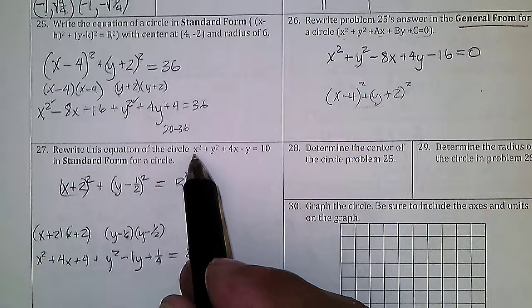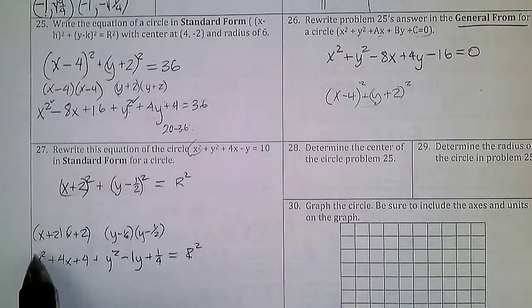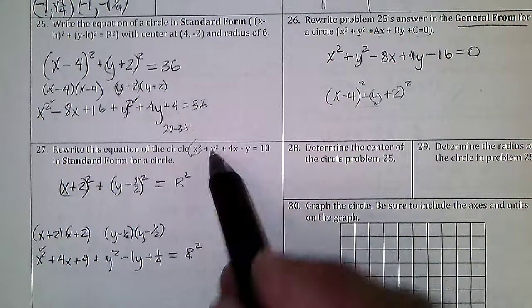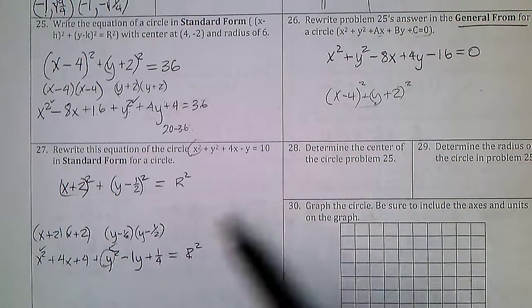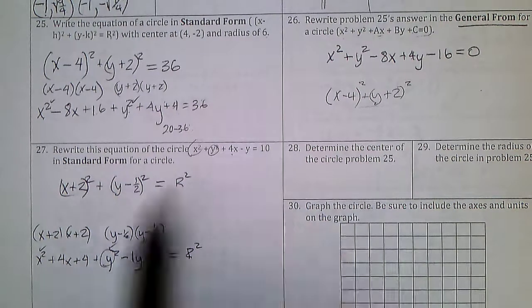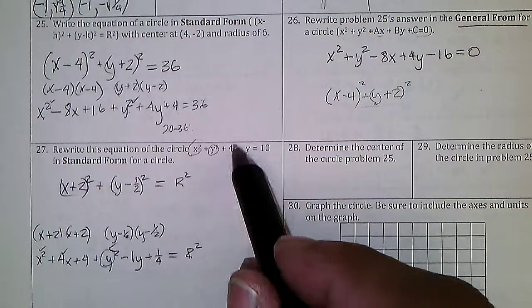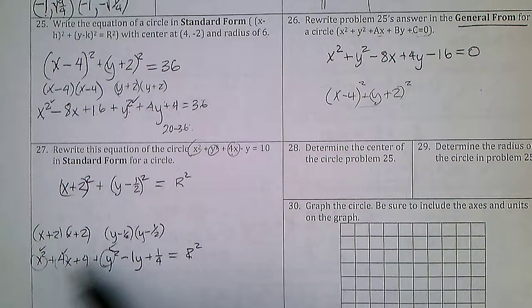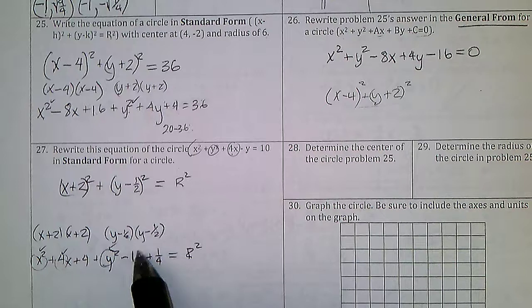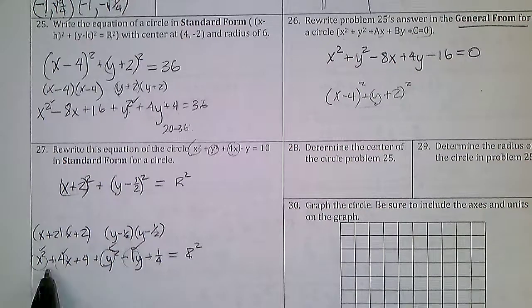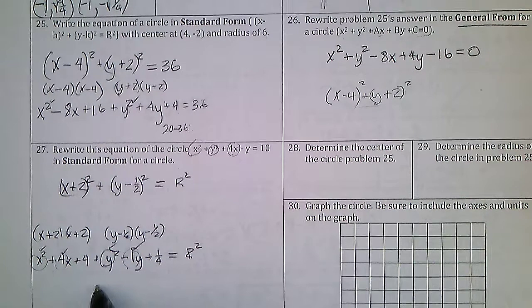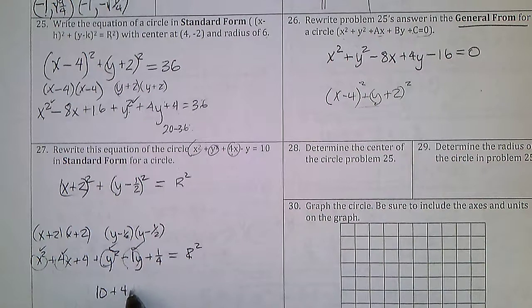Now, x squared plus y squared plus 4x minus y, all of that equals 10. So we have 10 for those four, plus 4 plus 1/4 is r squared.